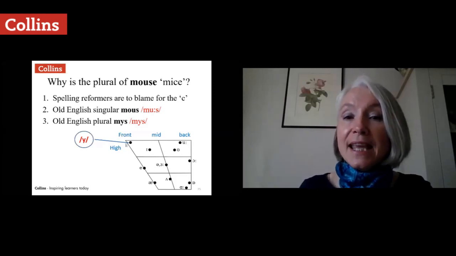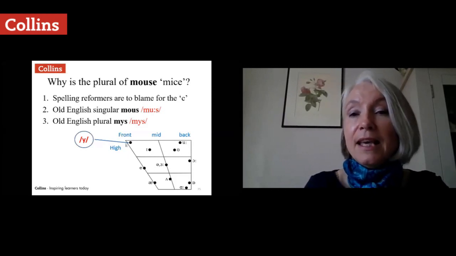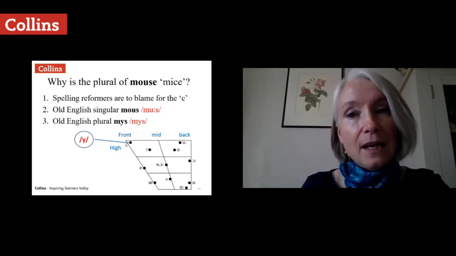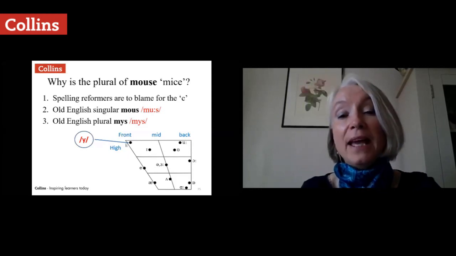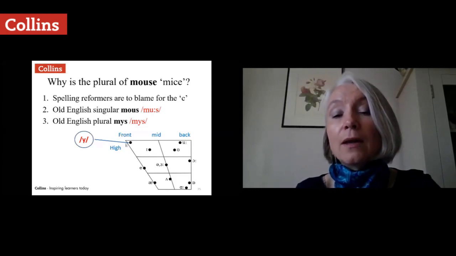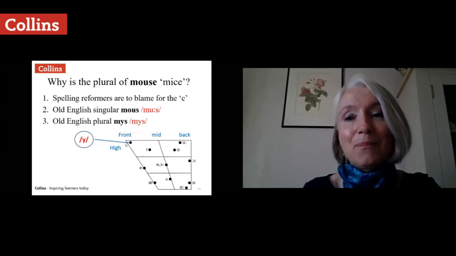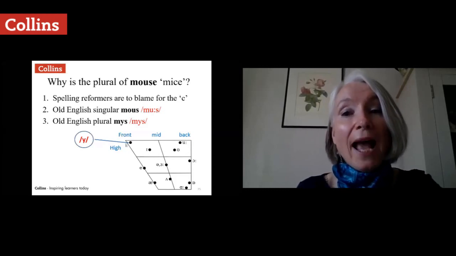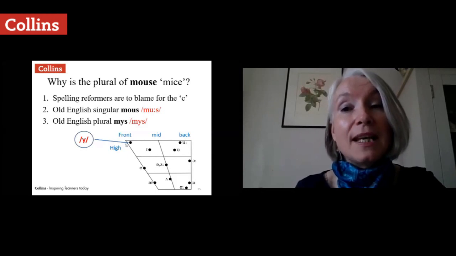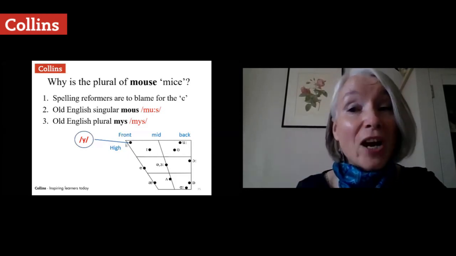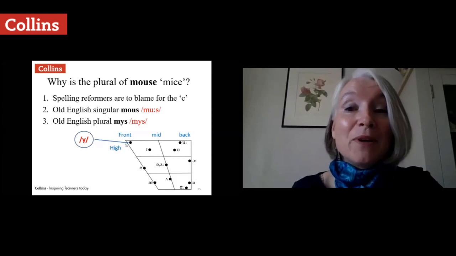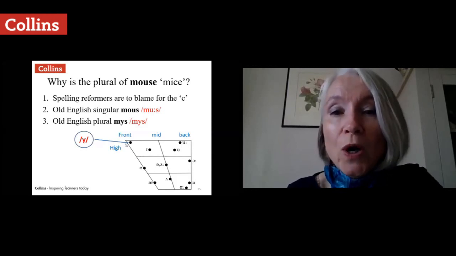Okay, now you can see where that oo is because I've marked it. It's shown with a Y in the IPA, the International Phonetic Alphabet, and it's a front vowel, and you can see it's made in the same part of the mouth as the E vowel. So what happened, and this is where André Martinet's principle of least effort is attractive as a theory, because try saying it, oo, oo.